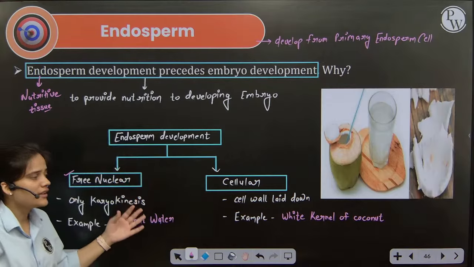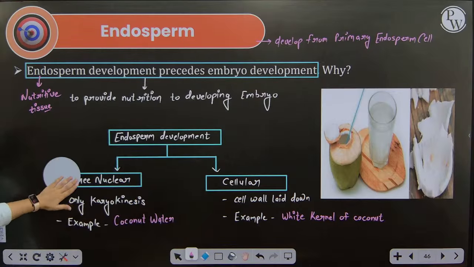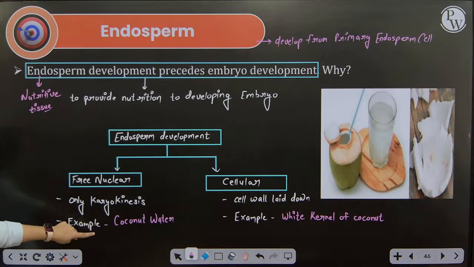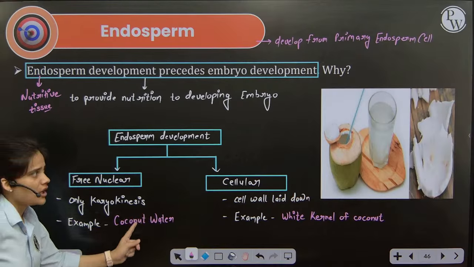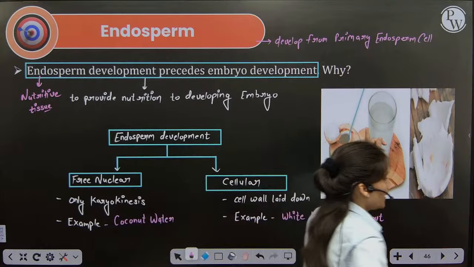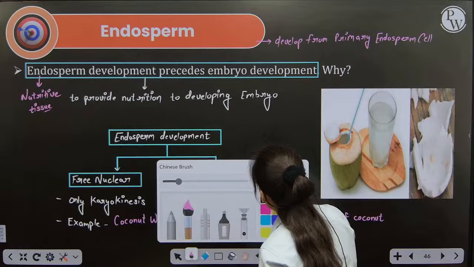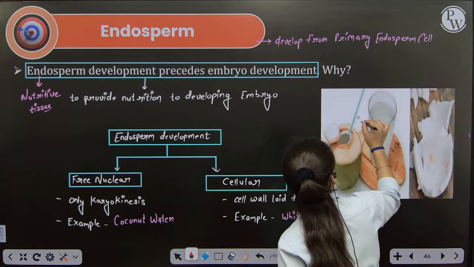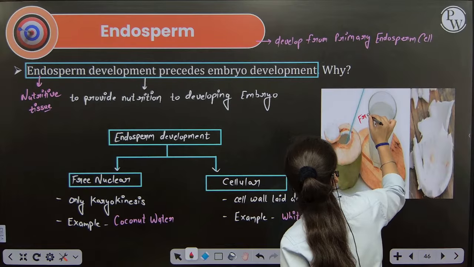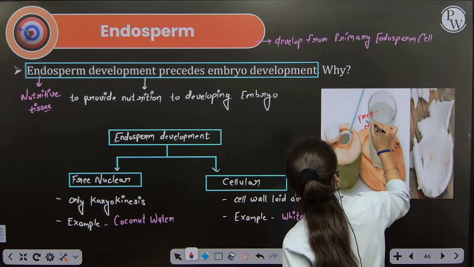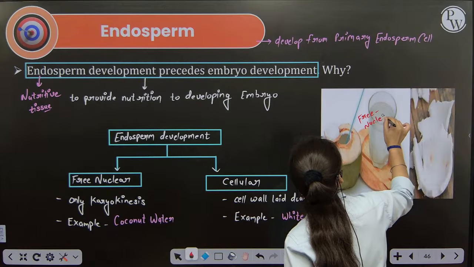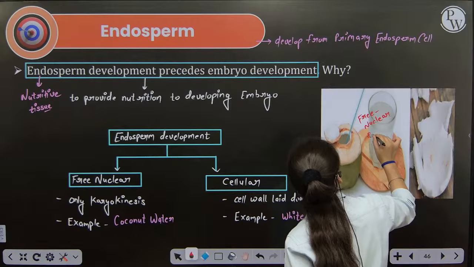So we need to learn the examples here. In case of free nuclear, example is coconut water. The coconut water which we drink is the example of free nuclear endosperm.